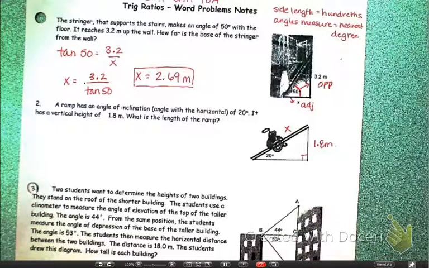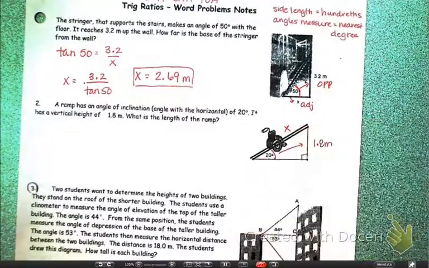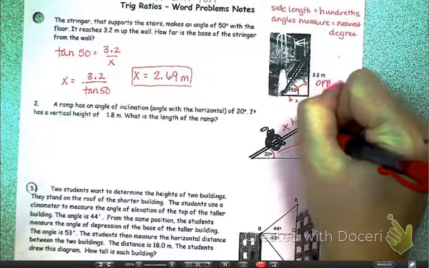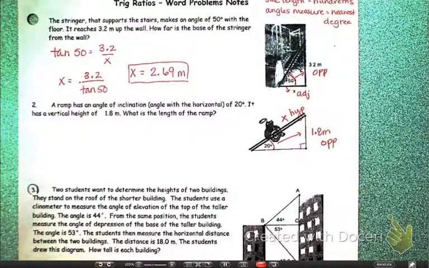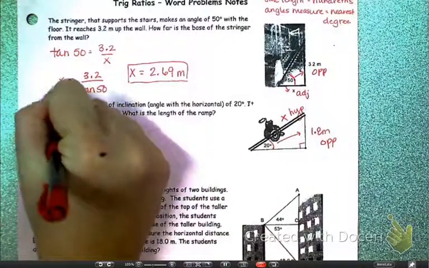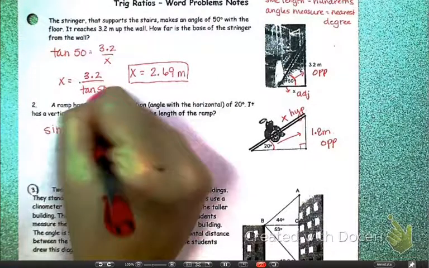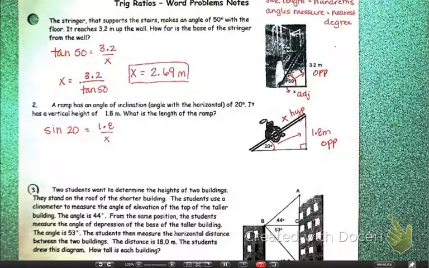Once you know that, the setup is the same. So what information do I have? The opposite and the hypotenuse, which is sine. So the sine of 20 degrees equals the opposite over the hypotenuse. What type of problem is this?